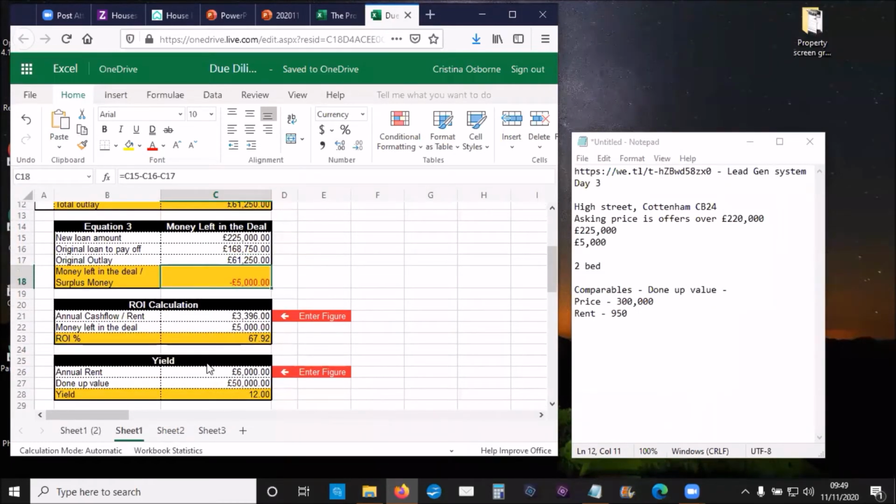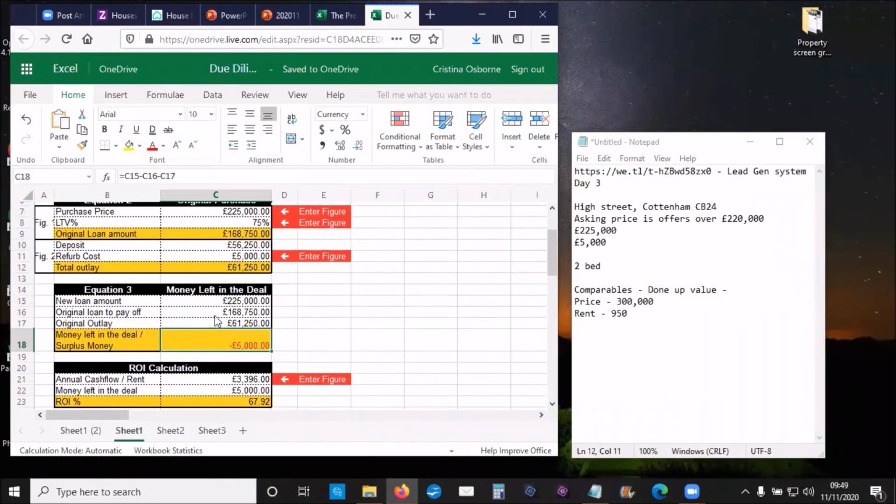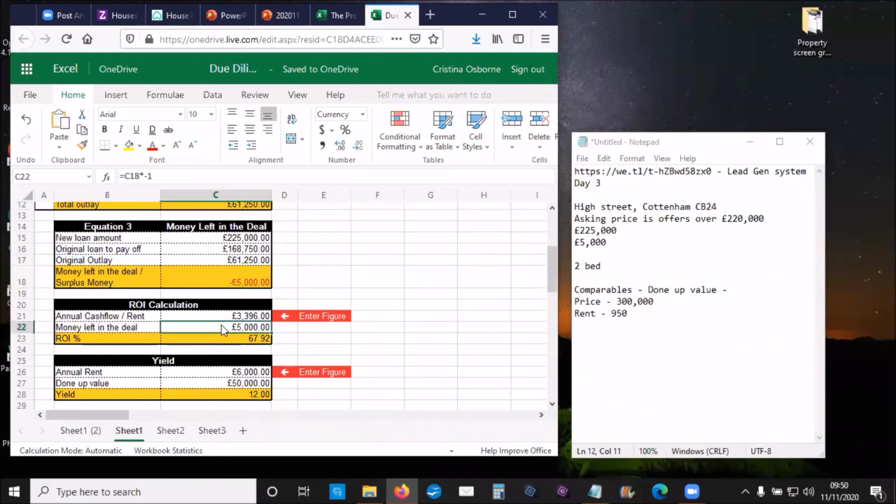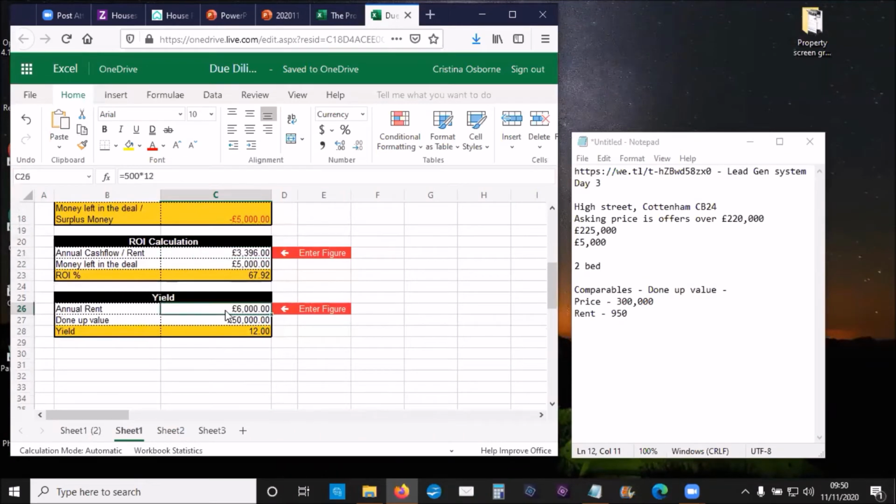Money left in the deal, that is to say, the money that the landlord has left in, is £5,000. Annual rent, remember this is from the other calculations, so that's probably not correct. We are going to go for 950 multiplied by 12. So 950 is the rent that Zoopla says we can command on this property.